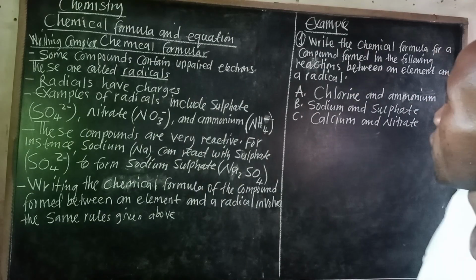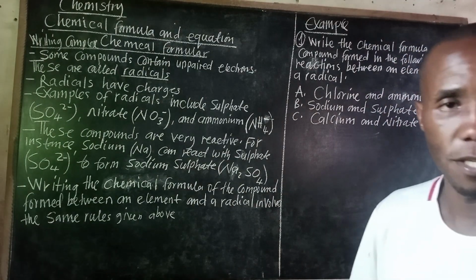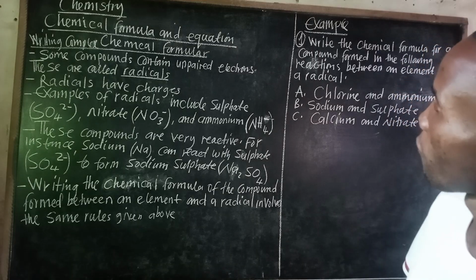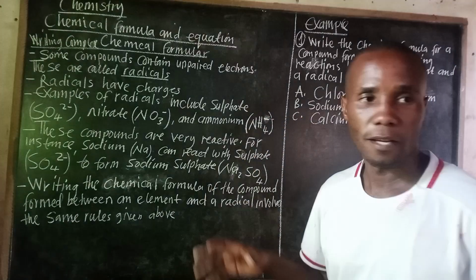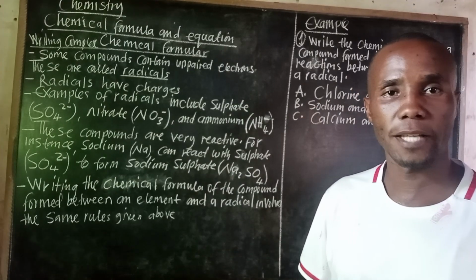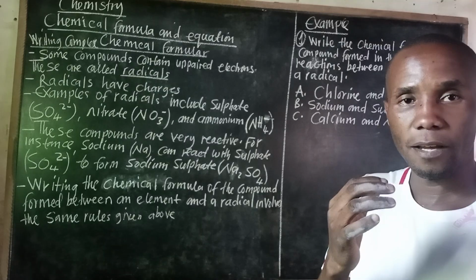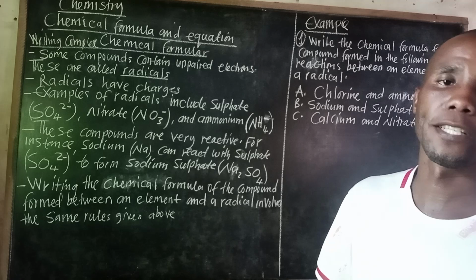Today we are continuing from where we ended under chemical formula and equation. That is our topic of the day: writing complex chemical formula. Remember, previously we looked at how you can write the chemical formula, the simple one, which just involves the elements.